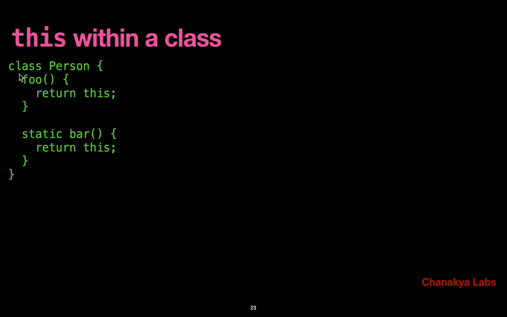Which means that if there is a class something like this, and if you return this, then this is a normal member, a normal method, right? So it would definitely be called on the instance, and that's why this in this case is actually the instance.